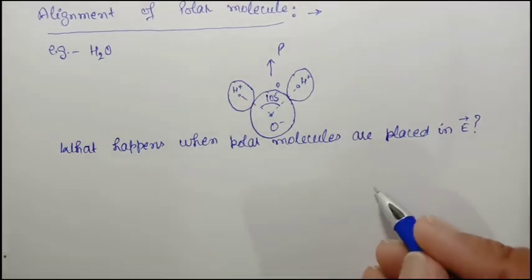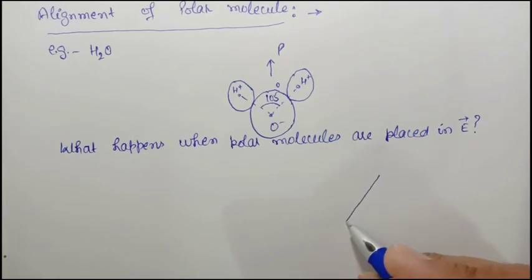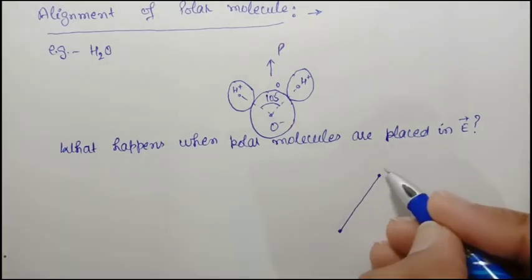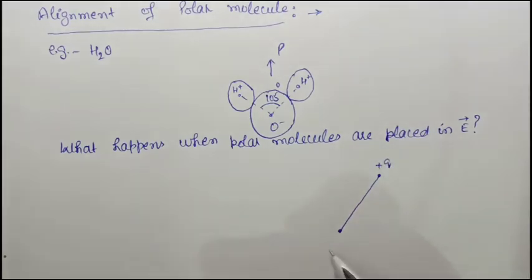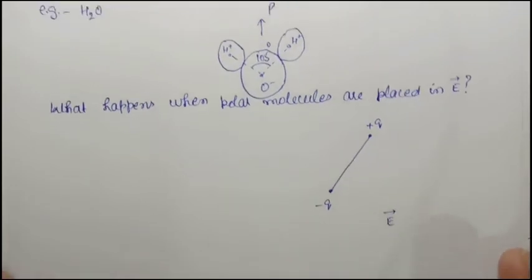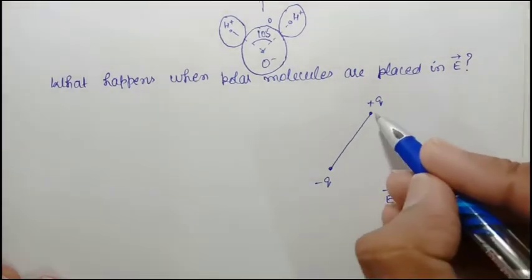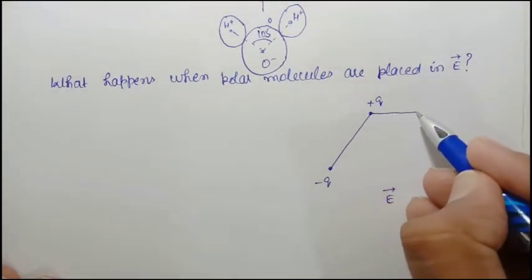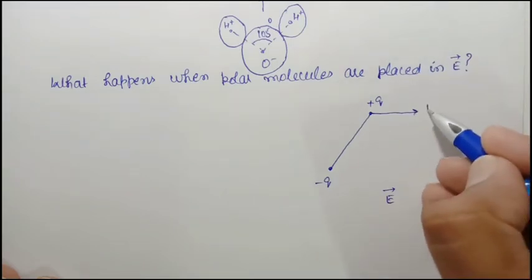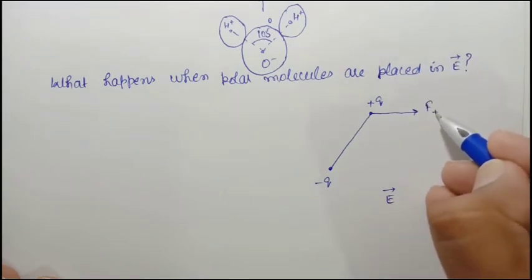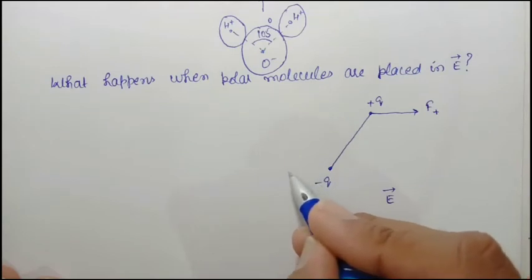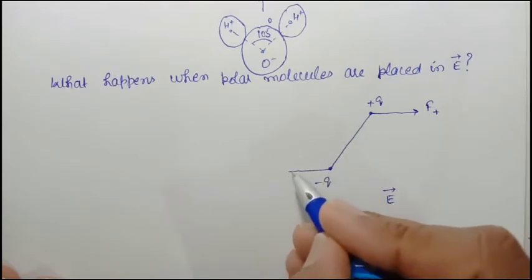Suppose we have a polar molecule, with one positive charge here and one negative charge here, and in the presence of the electric field we have F positive, that is force, and here we have F negative.